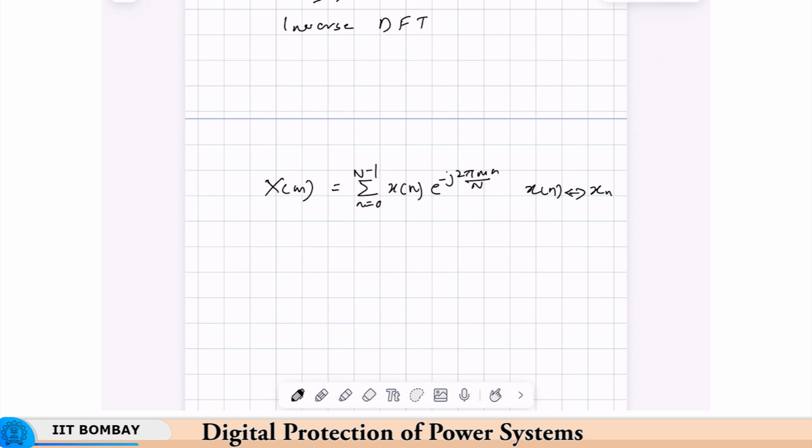It just means the nth sample. Okay. And the inverse DFT we claimed was to get the n sample back, some constant c or k.